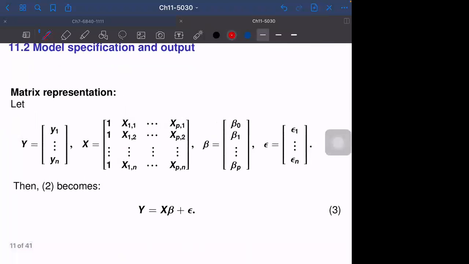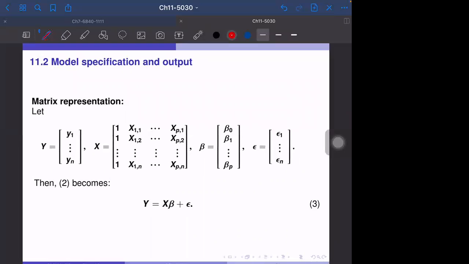This is the matrix representation. Remember that this is basically the same as the simple linear regression case. So y is the vector of y values, and x is the matrix of x values. For simple linear regression, we only have 2 columns, but here we have p+1 columns if we have p variables. Then beta becomes larger.